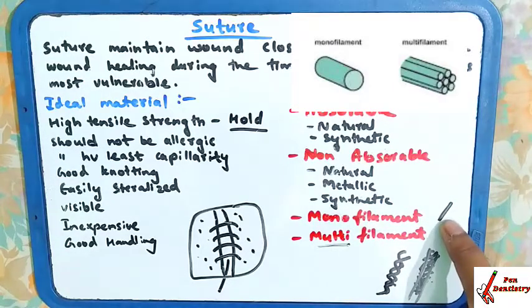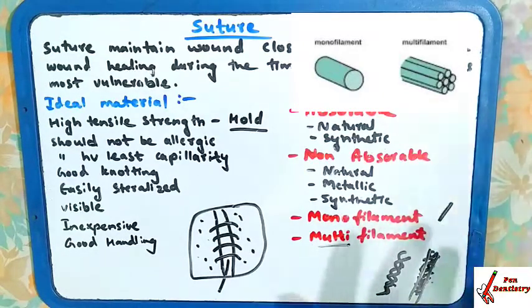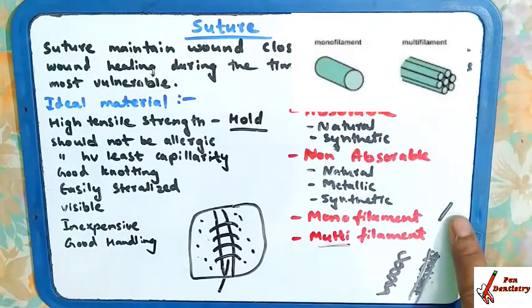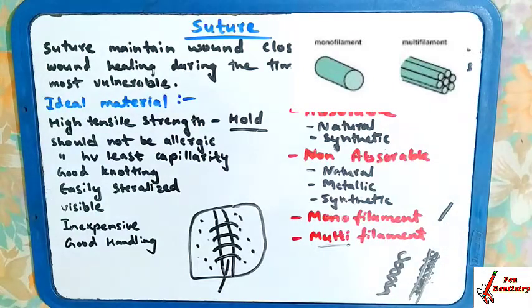This type of suture is microorganism free. After surgery, with a monofilament suture there will be fewer chances of microorganism development, because there is no place to hide in a single filament, and it ties smoothly.